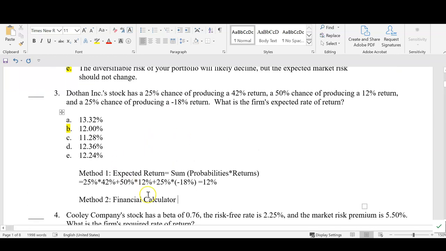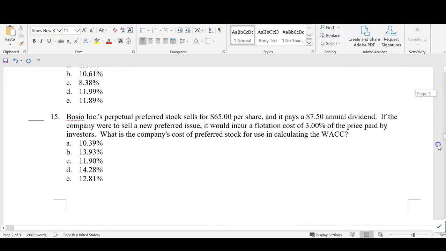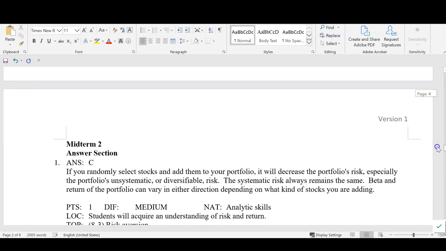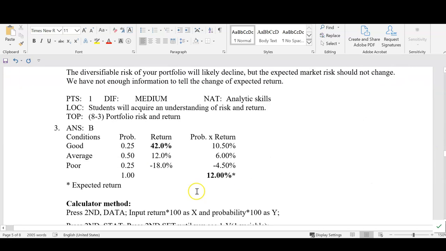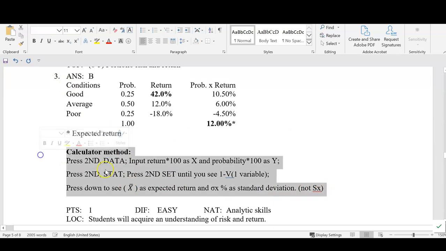Okay, please see the end of the document. If you go to the end of the document, you will see all the solutions for all the questions. If you go to question 3, you'll see the detailed calculator method for this question.